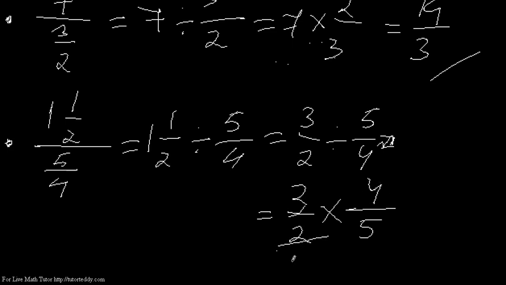That means 2 ones are 2 and here 2 twos are 4. So what I'm left with in the numerator is 3 into 2, so 3 twos are 6, and in the denominator 1 into 5, 1 five is 5. So 6 by 5 is my simplified form of this complex fraction.